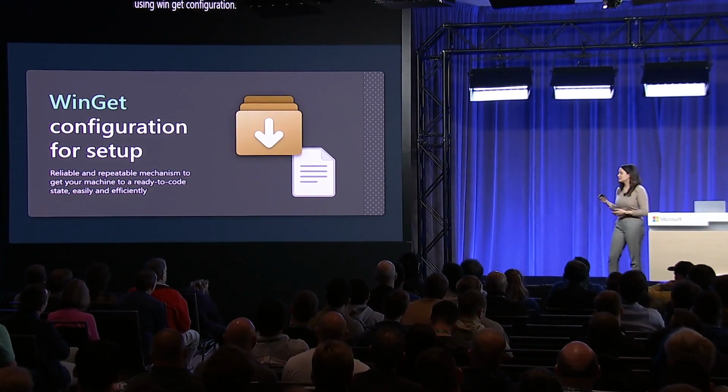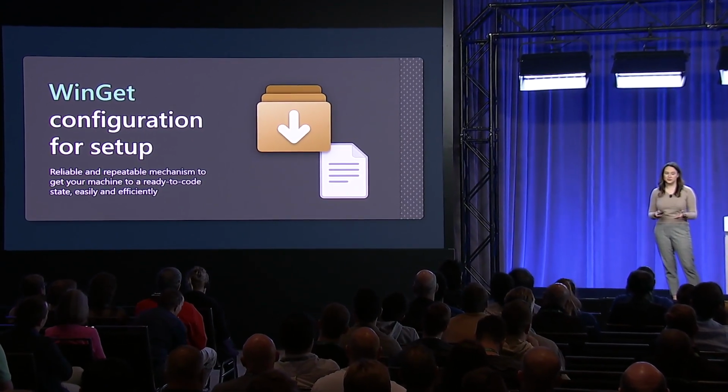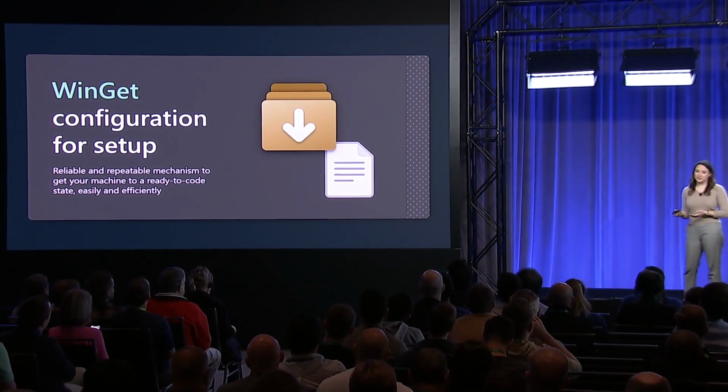So winget, if you aren't familiar with it, is the Windows Package Manager command line tool. It's now not only going to be a package manager, but also a configuration manager. Winget configuration is a repeatable and reliable mechanism for you to get your machine to a ready-to-code state quickly and efficiently.